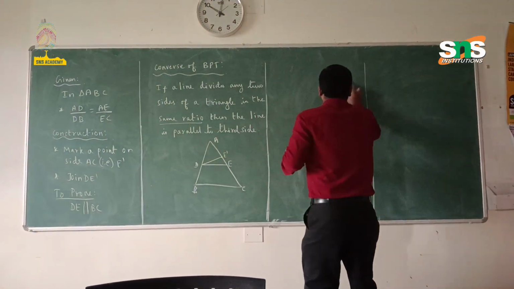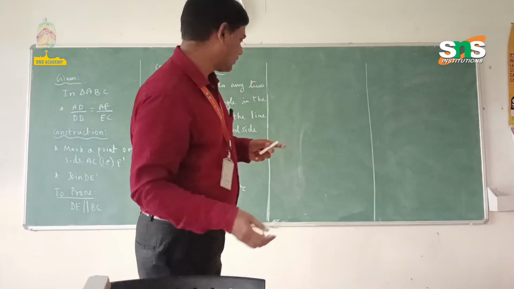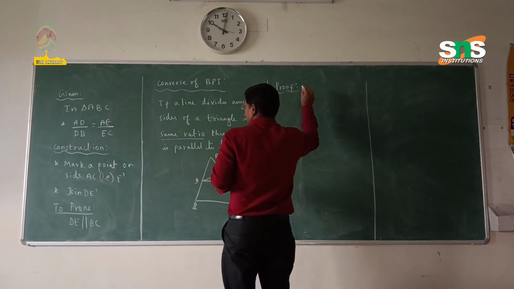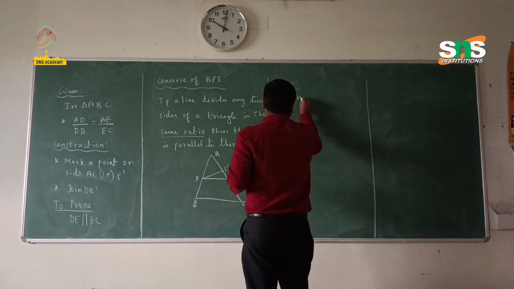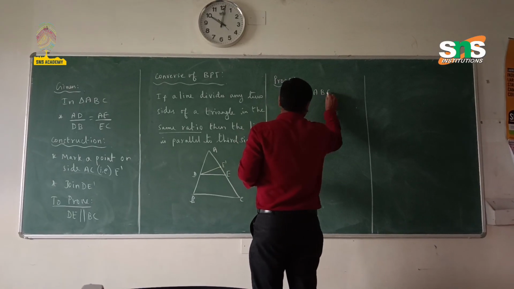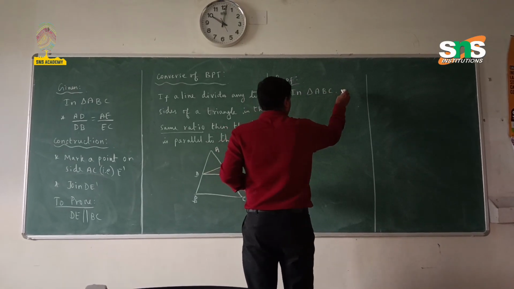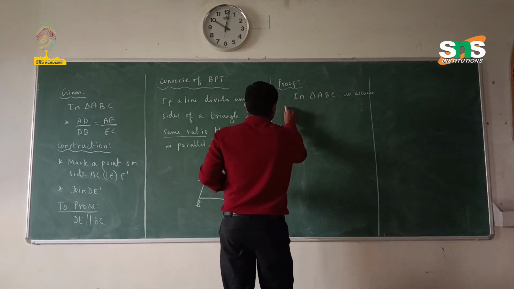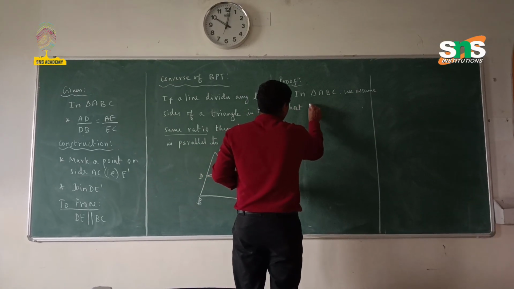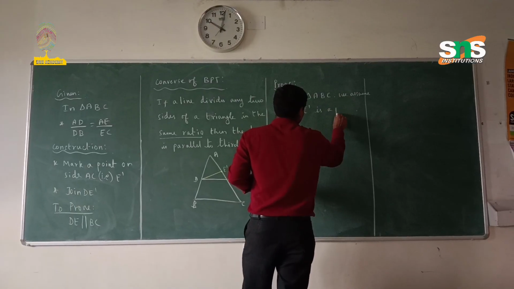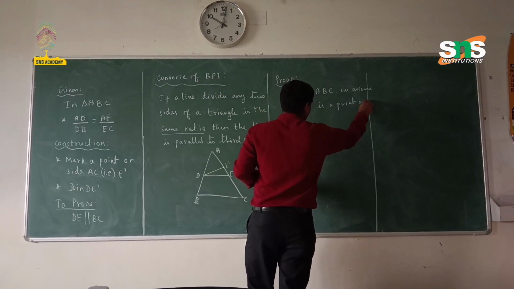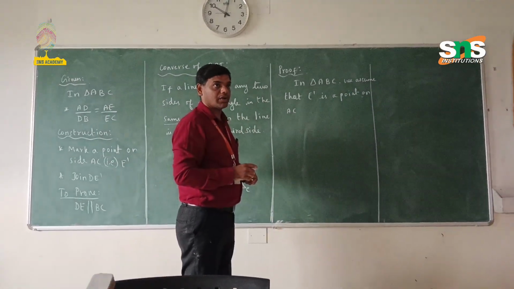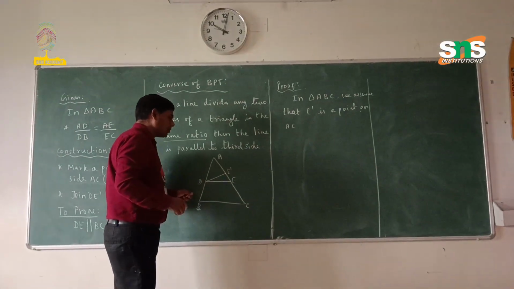Now, the proof. So in triangle ABC, we assume that E dash is a point on AC.